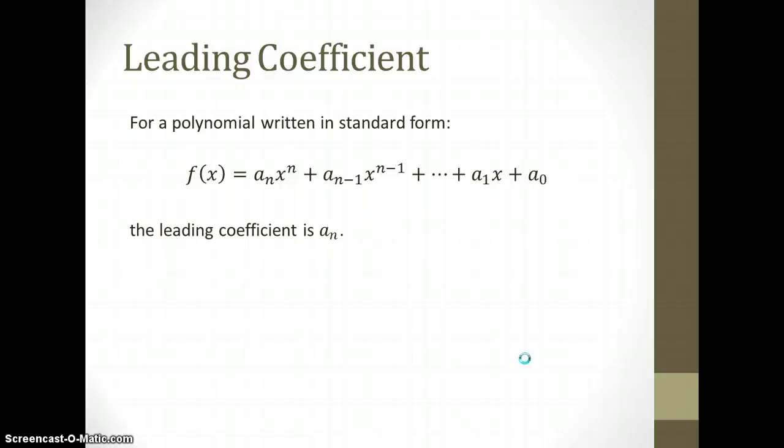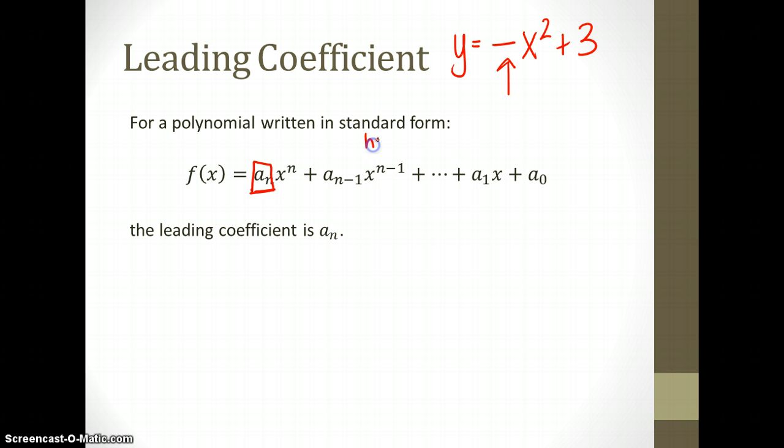A little bit more vocab that we're going to use to figure out what kind of picture we're looking at is the idea of a leading coefficient. It's going to tell us a lot of information. So far, when we did quadratics, which are just a specific polynomial, we used this negative sign out in front. The leading coefficient means the first number in our polynomial written in standard form.